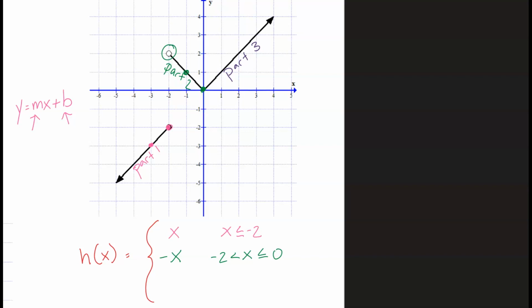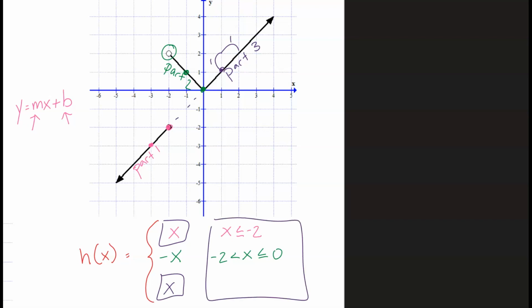Then lastly, same thing, part 3, we have to find the slope. My rise here is 1, my run is 1, so my slope is again 1, so it's just x. And my y-intercept again is 0. Remember in the beginning when I said that part 1 and 3 could be considered the same line with the middle portion missing? So it makes sense that 1 and 3 would have the same equation, just with different restrictions.